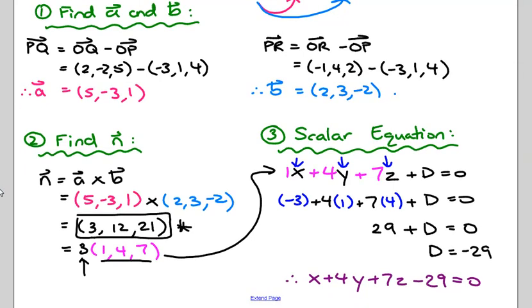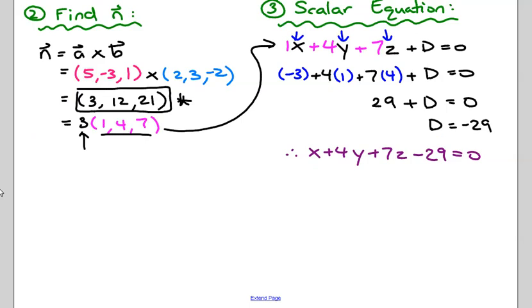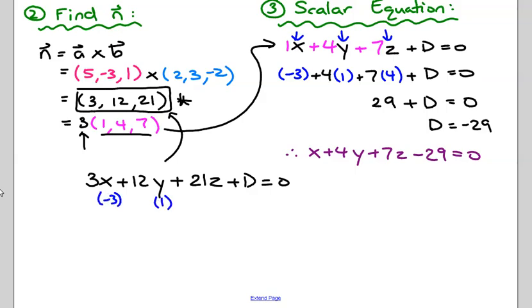But I did say, and I'm sorry to be kind of jumpy, I'm going to extend the page. What happens if we just leave it like that? Well, you're going to get your ax plus by plus cz, and I'll have to solve for my d again. We're going to put in the point. So the point was negative 3, 1, and 4.